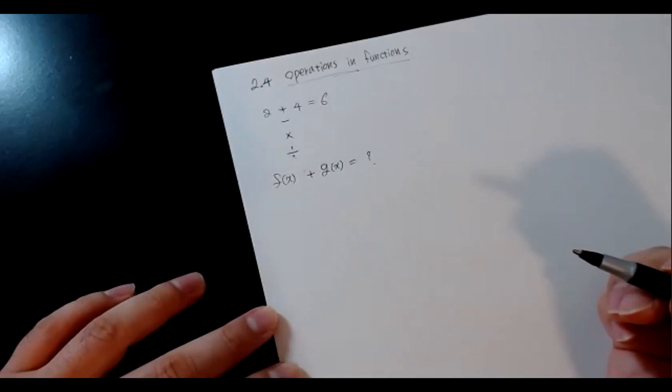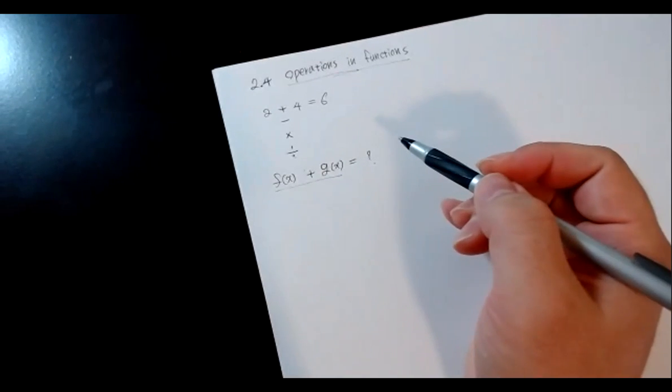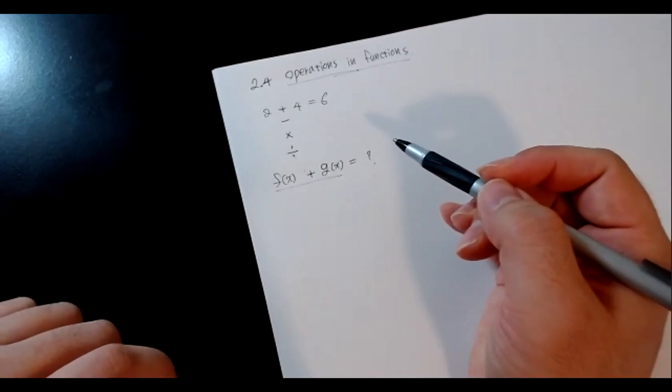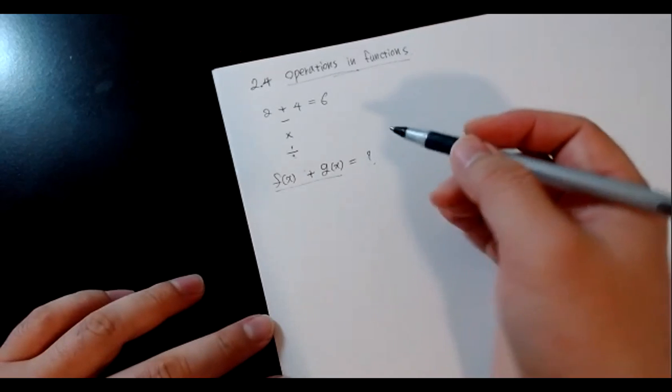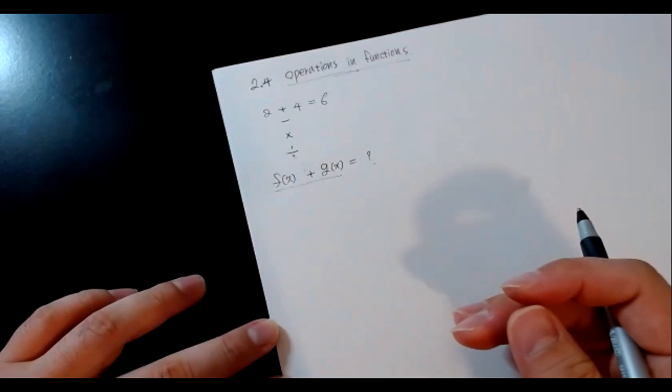This is the definition of the sum functions. So the goal in this section is to define new operators, resembling the four basic operators plus, minus, multiplication, division, that can be used between functions.